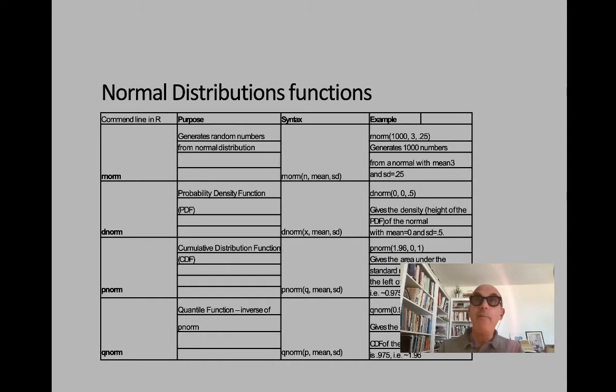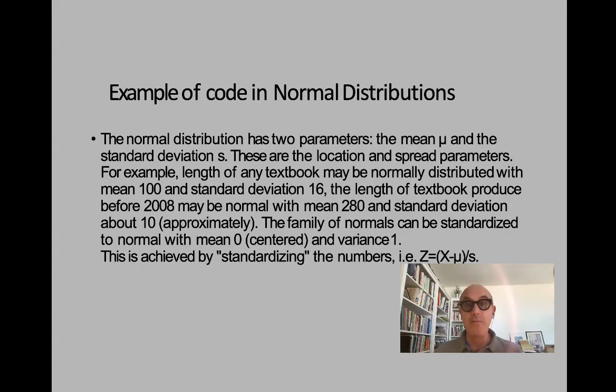And we have pnorm, which is the cumulative distribution function. Again, we will see those examples throughout the semester and we will apply that. I want you to start becoming familiar and try to search for those terms. Textbooks talk about that and we will see that more. So, an example of code in normal distribution.